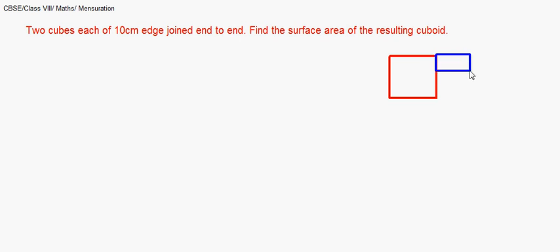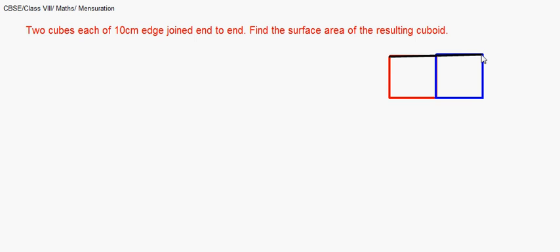Find the surface area of the resulting cuboid. That means, if I'm making you visualize, these are the 2 cubes. If they're made to join and they result into a cuboid, the length of the cuboid becomes this one.